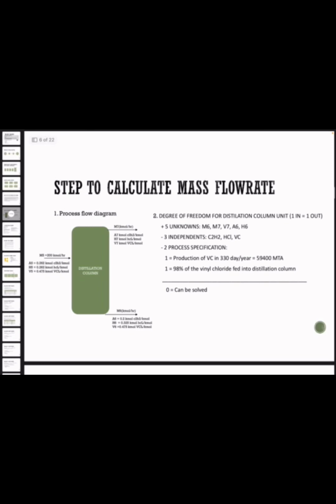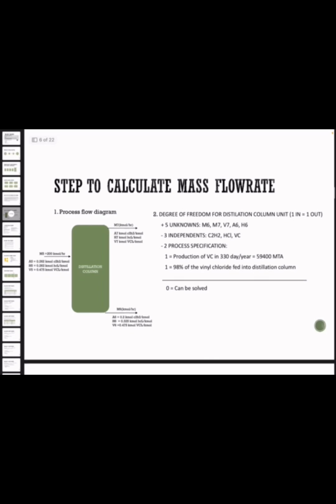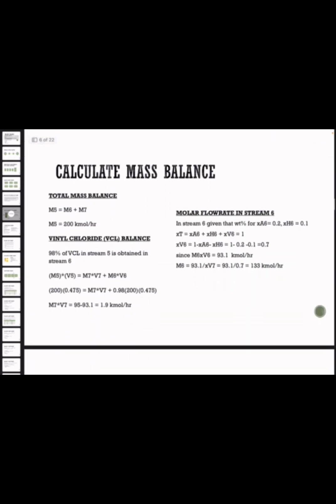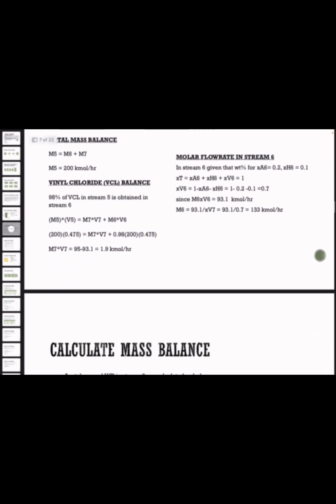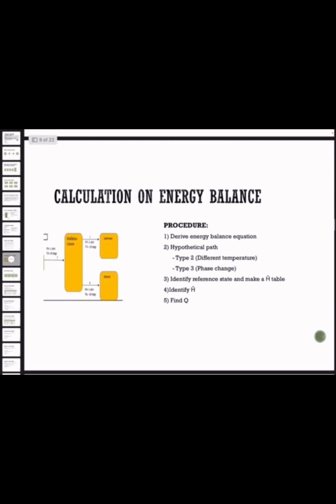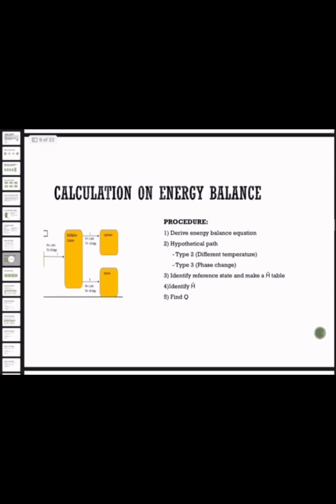The final answer is 0, which means this question can be solved. So let's move to calculate the energy balance.